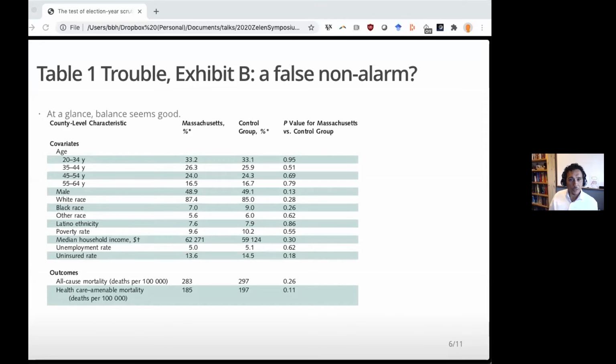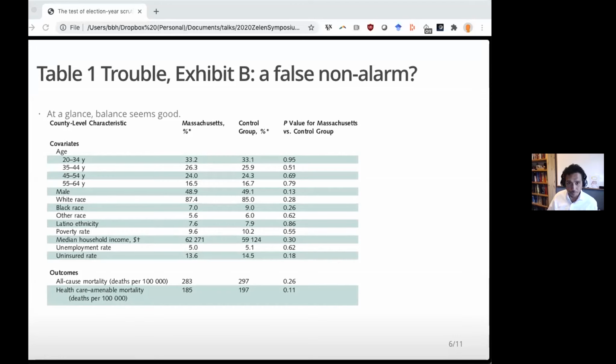So here we see what they showed us about the characteristics of their sample at the outset of treatment for the treatment group. You have demographics up there in the usual way, and you also have the mortality rates averaged across Massachusetts counties and comparison group counties in the period of time before the 2006 change in the law.